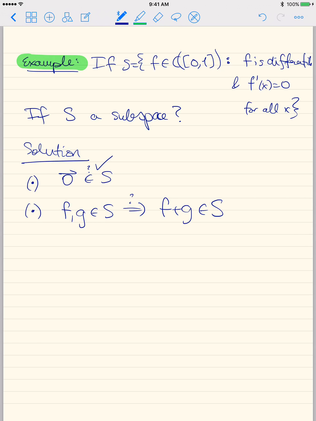So we're going to suppose that we have f and g in this set and write down what that means. Then is it the case that f plus g is necessarily in this set?